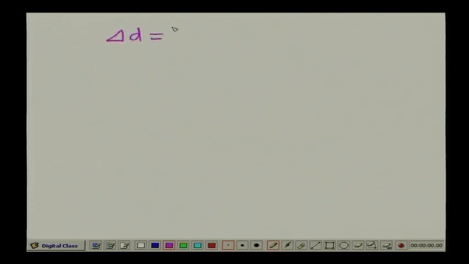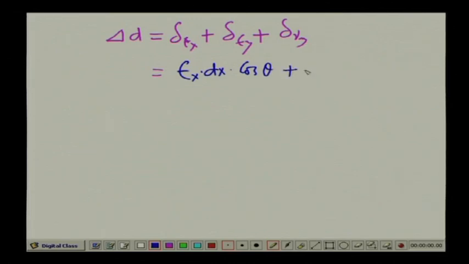This is given by the extension due to epsilon x, plus the extension due to epsilon y, plus the extension due to gamma x y, which are epsilon x dx cos theta plus epsilon y dy sin theta plus gamma x y dy cos theta.